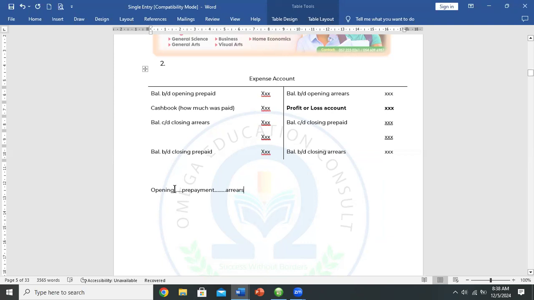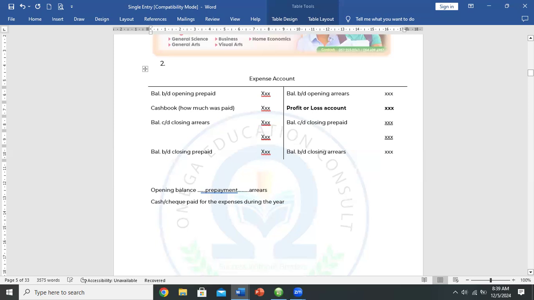You need the opening balance, be it prepayment or arrears. Okay? After you pick those figures, you look for how much cash or cheque you have paid for that particular expense during the year.